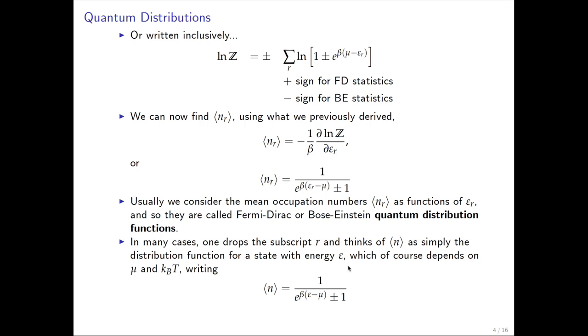When we go to use it, we'll remember that we have an index there, or we'll end up doing a sum or an integral, but we can just think of this distribution function n and write it this way, which depends on mu and kBT, and sometimes I'll just write k, drop the subscript T, or usually I'll just use beta. So this is our distribution function for the mean occupation number for energy level epsilon, once beta and the chemical potential are specified. Okay?